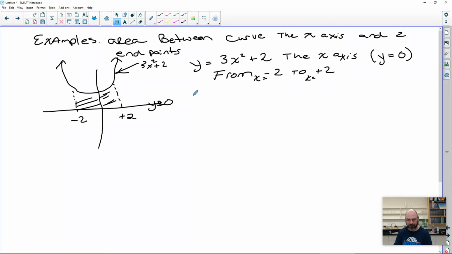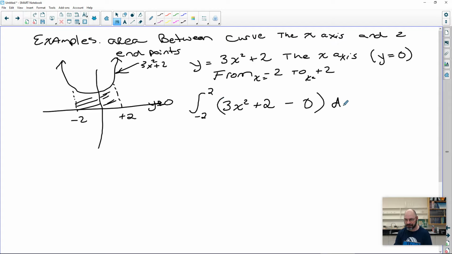So we write out the integral. This one's 2 and -2, rightmost to leftmost. Okay, this equation first: 3x squared plus 2 minus y equals 0, right?